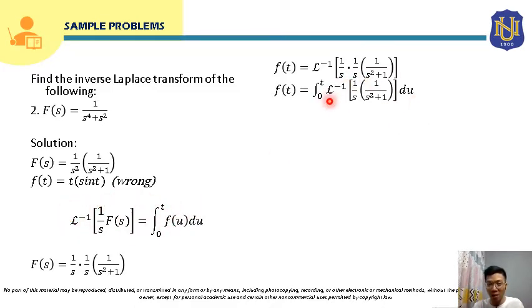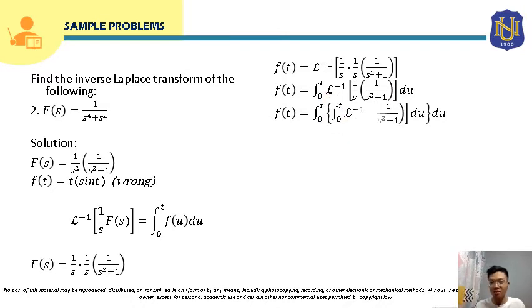We can rewrite the inverse Laplace transform of 1 over s times 1 over s squared plus 1 as the integral of the inverse Laplace transform of 1 over s squared plus 1 du from 0 to t. So this can be rewritten this way.